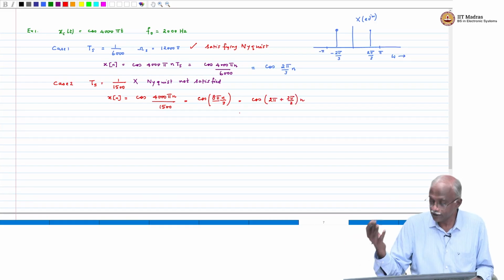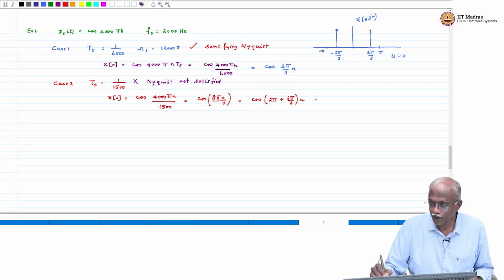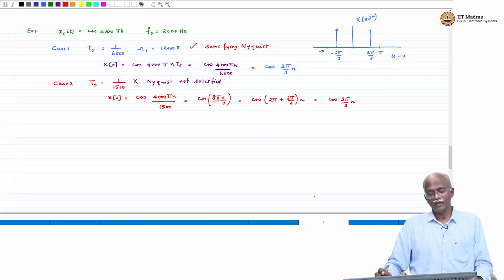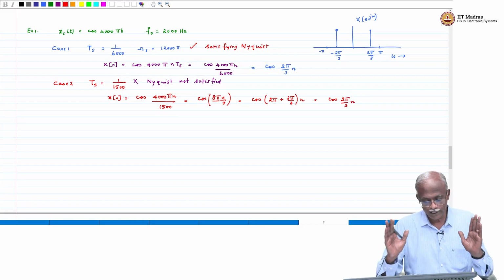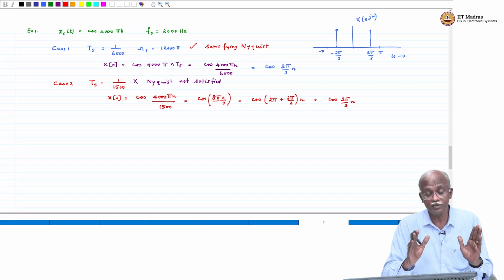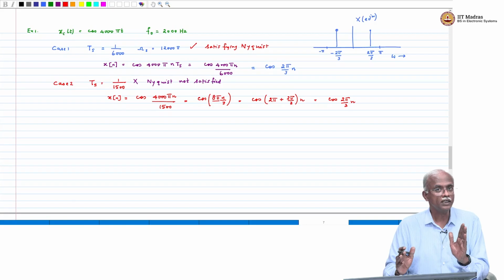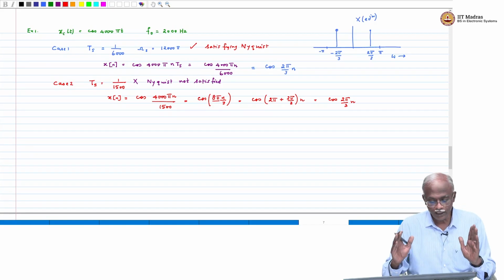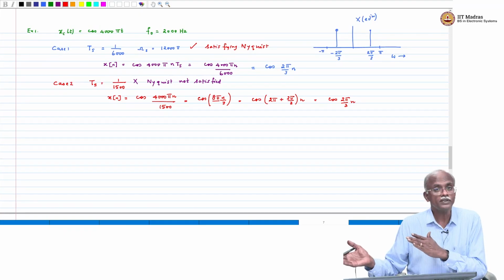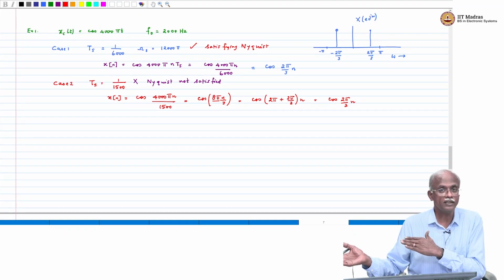Cosine 2 pi n is equal to 1. So what you are left with is cosine 2 pi by 3 n. Very interesting. Same continuous time signal, two sampling frequencies. One of them satisfied Nyquist, the other one did not. However, the discrete time sinusoid comes out to be the same.